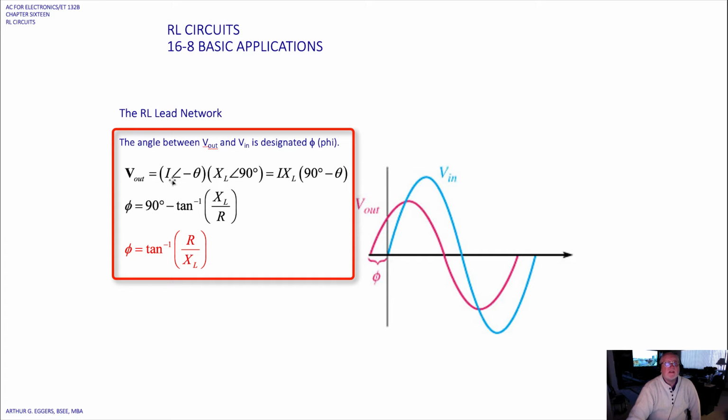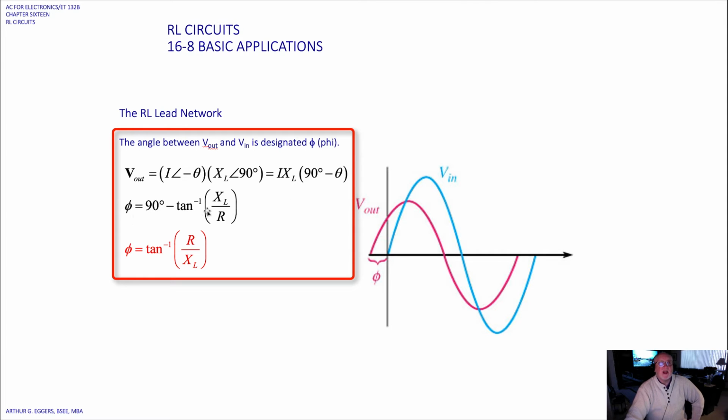V out then is equal to, in the polar form, I, the current, at an angle of minus theta, times X sub L at an angle of 90 degrees. We take the product, the difference in the angles.